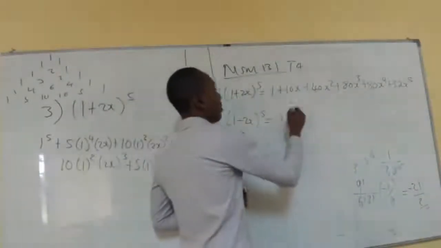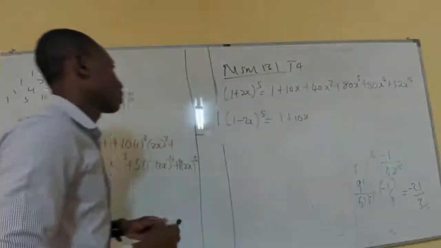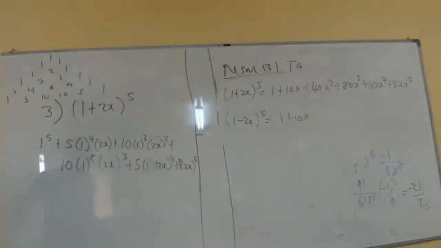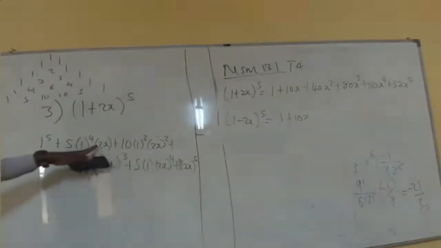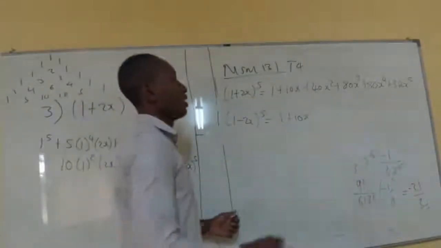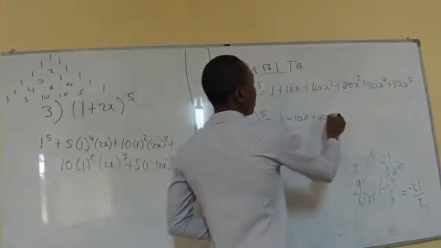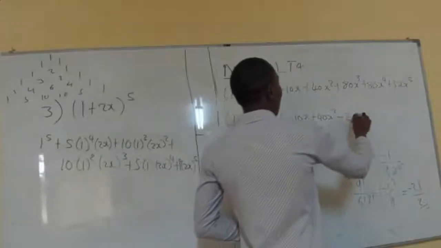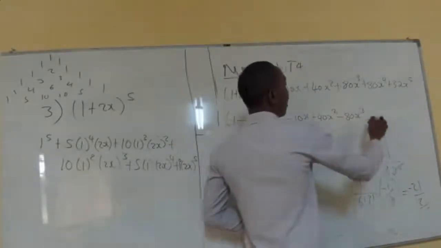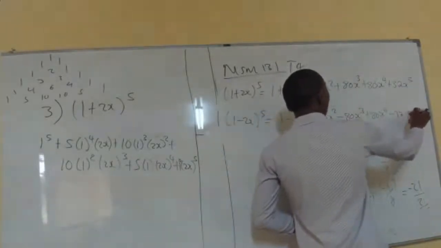So we have 1 plus 10x. Now remember, instead of having 10x, because 2x is negative and that power is not even, it becomes minus 10x, then plus 40x squared, minus 80x to the power 3, then plus 80x to the power 4, then minus 32x to the power 5.